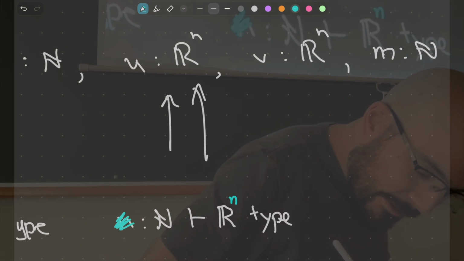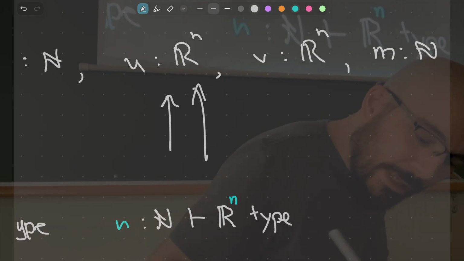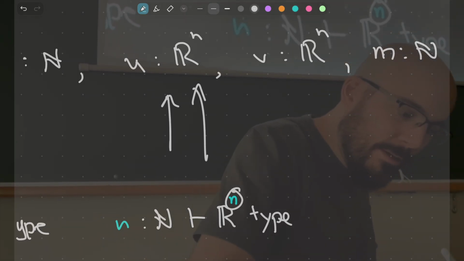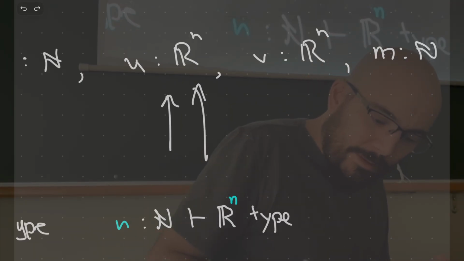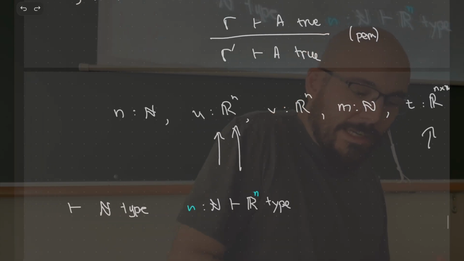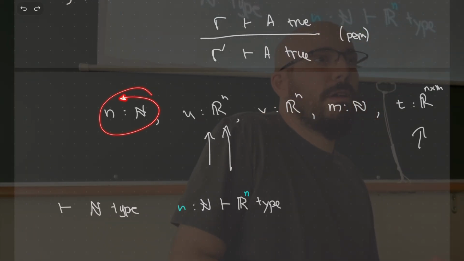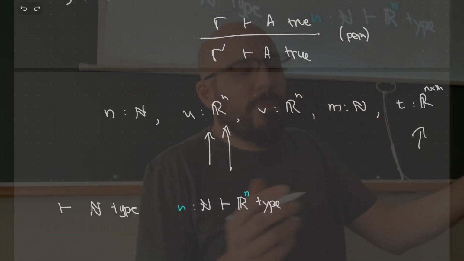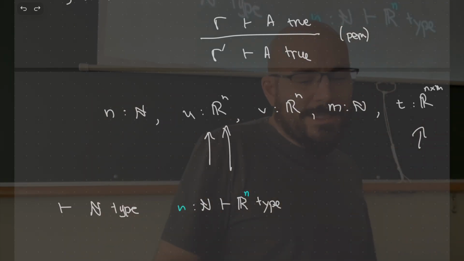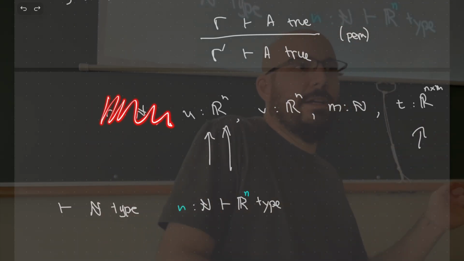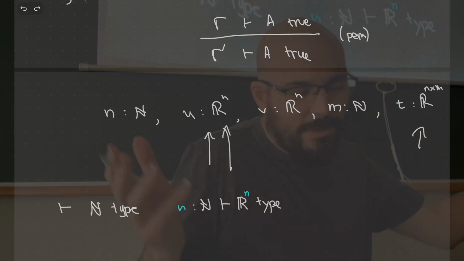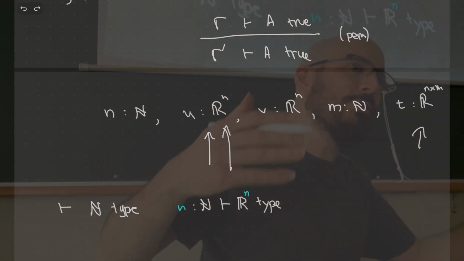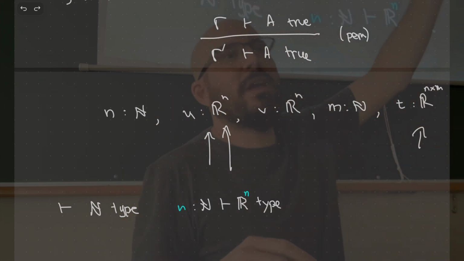This n here, I need to have this natural number n in order for this thing to be a type. So it depends on this thing, which is exactly the previous variable that I have here. In a mathematical text, you wouldn't even mention that, right? You would say, consider the Euclidean plane R to the n. Supposedly you are supposed to understand that n is a natural number.